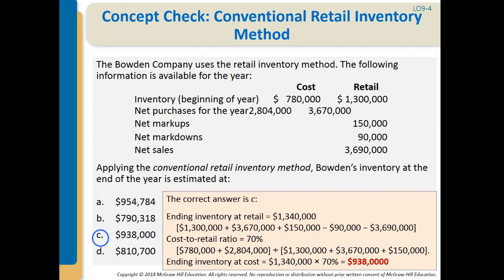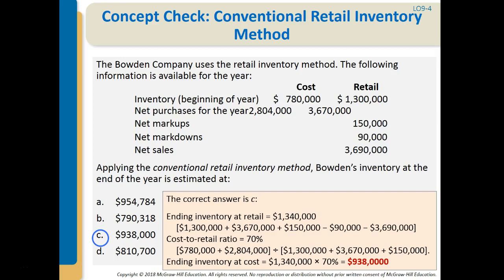$938,000. So we're going to take the ending inventory at retail, the $1,340,000, which we would derive from the $1,300,000 plus the $3,670,000 plus the $150,000 markups minus the markdowns minus the net sales. We get a cost to retail ratio of 70%. So the ending inventory at retail is the $1,340,000.